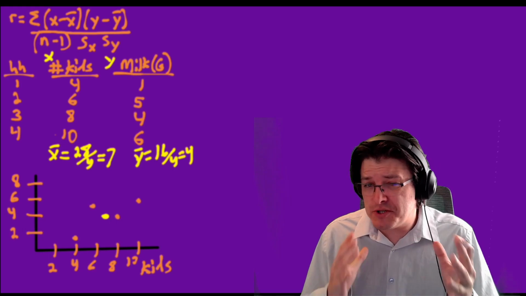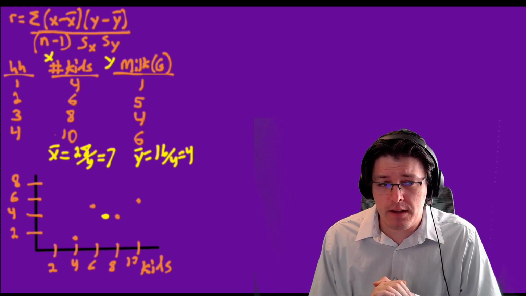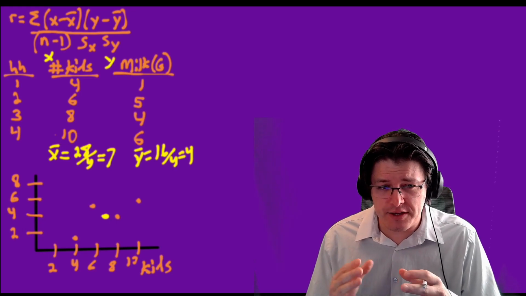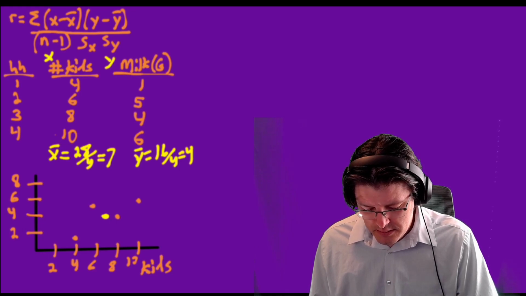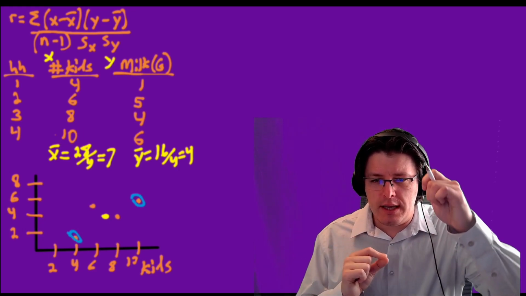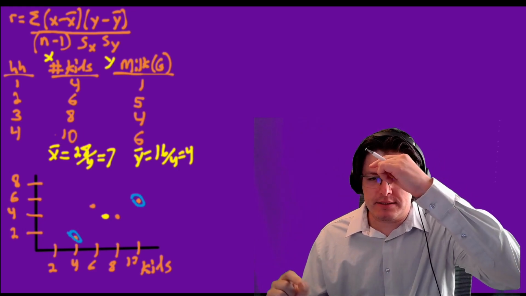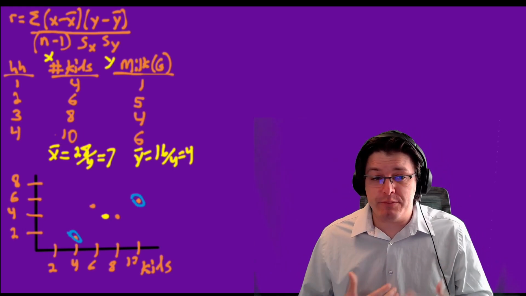So now we can think about deviations from the means. And we can already kind of see, okay, we have these 2 data points that seem to work in the positive relationship, where they're moving in the same direction, right?